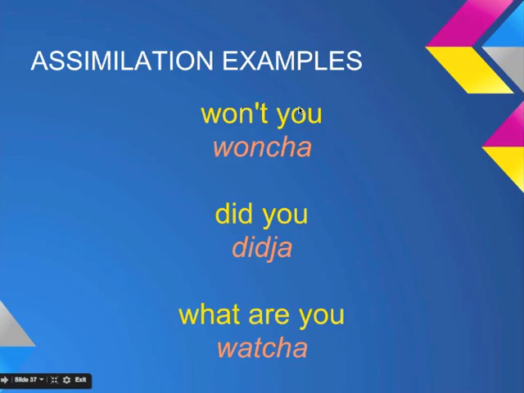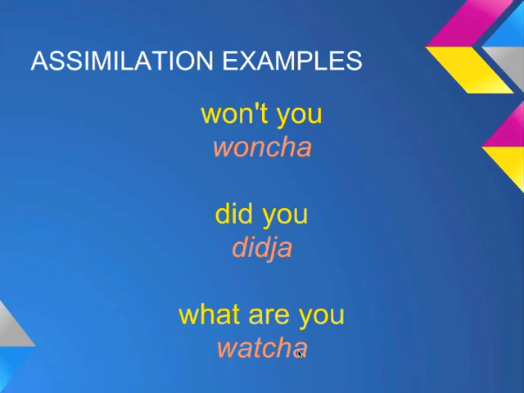So in other words, the t and the y sound will kind of form the ch, that particular consonant sound that we learned in our intro series. Did you would become didja. What are you would become whatcha.